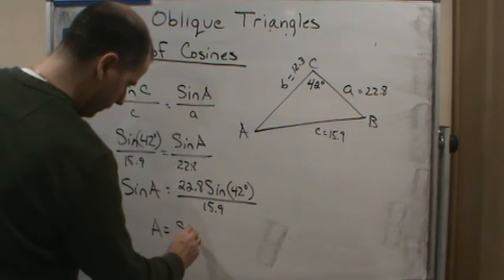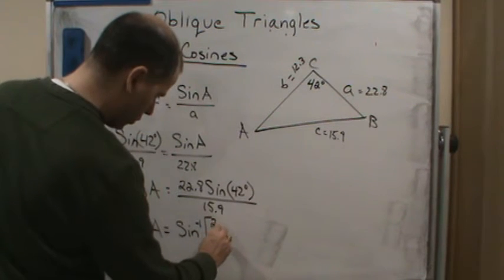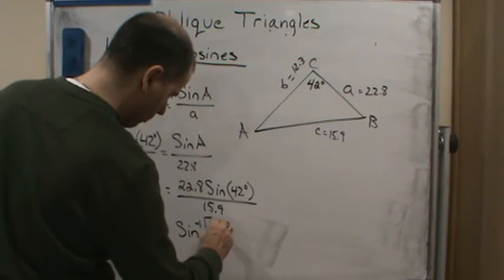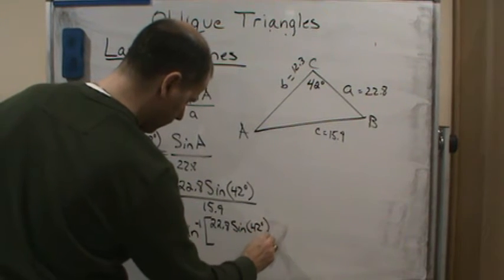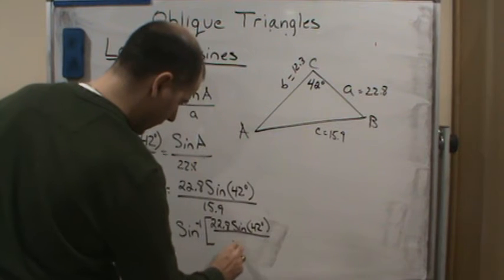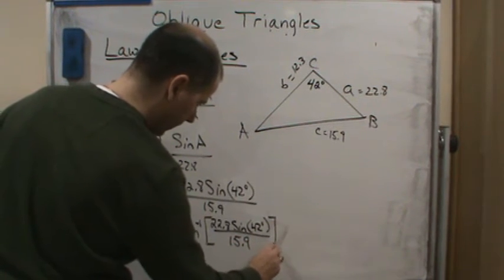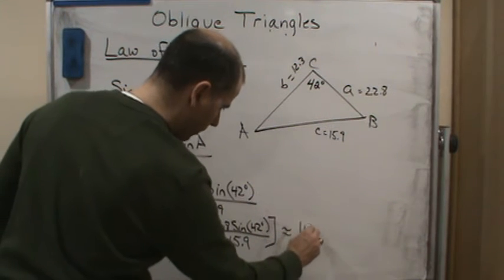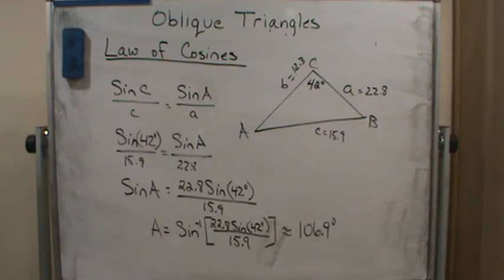So this would be inverse sine of this whole thing, which is 22.8 times sine of 42 degrees divided by 15.9, and that's going to give us about 106.9 degrees. Is that right? Is that what I get? Yeah.